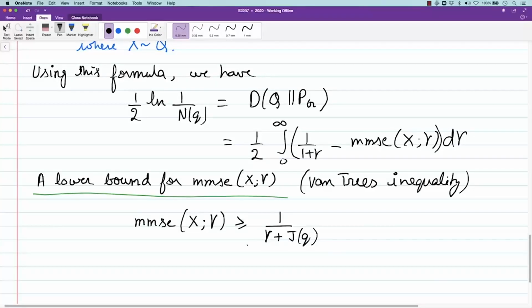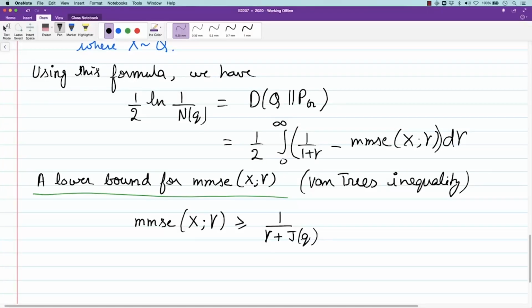The Cramer-Rao bound typically entails Fisher information for the noisy channel under which you observe x, which is the Gaussian case here. So this gamma represents the Fisher information for the channel. This J of Q is the Fisher information for the distribution of the unknown x, the distribution of the prior.